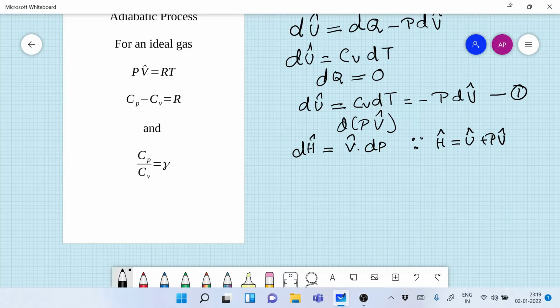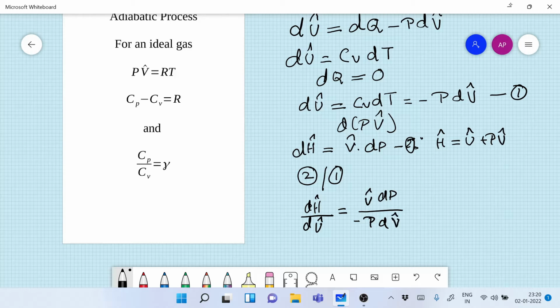Therefore, we divide equation number 2 with equation number 1, and we get dH by dU is equal to V dP minus P dV, which is nothing but equal to Cp dT upon Cv dT, which is again equal to V dP minus P dV.